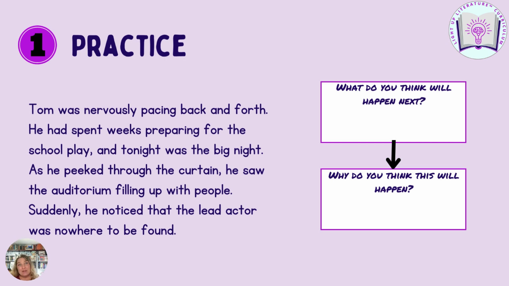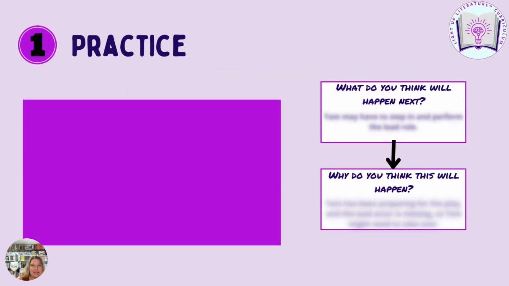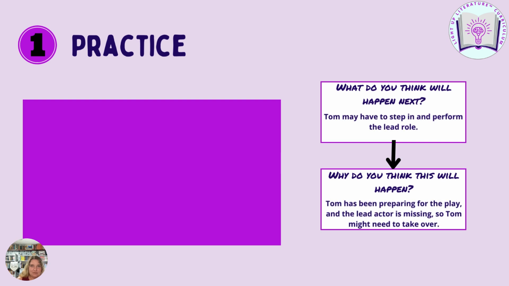Okay, so if you're having a play, I'm sure you've done a school play or something similar where you're part of this production. And if one person is missing or doesn't show up, that's kind of scary and it'll freak you out. So let's look at what we think is going to happen. Tom may have to step in and perform the role.